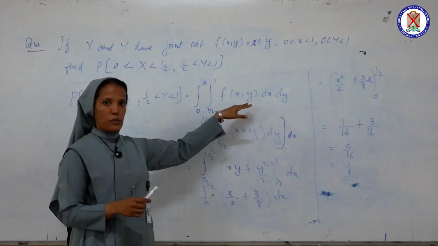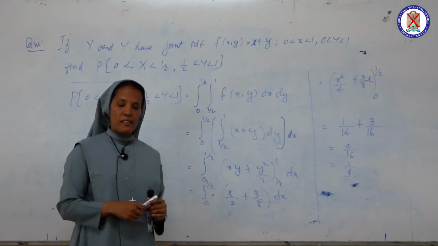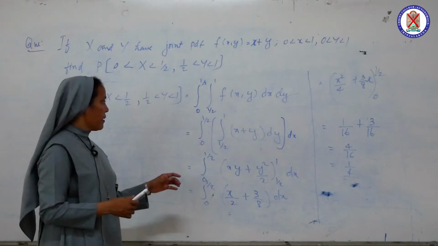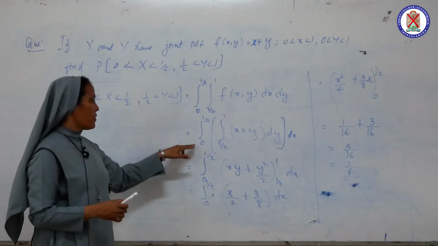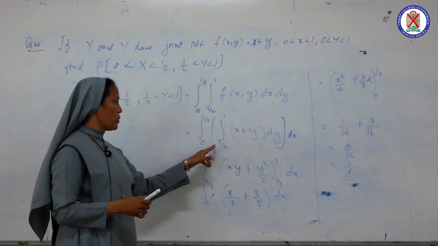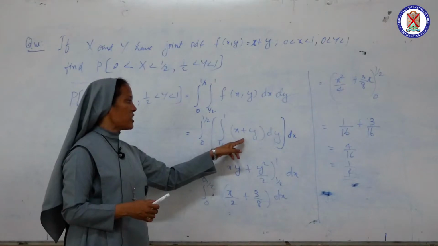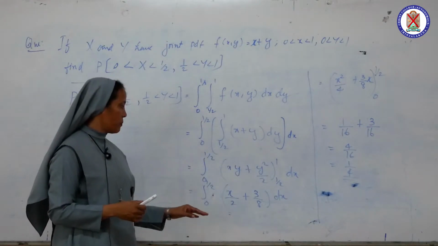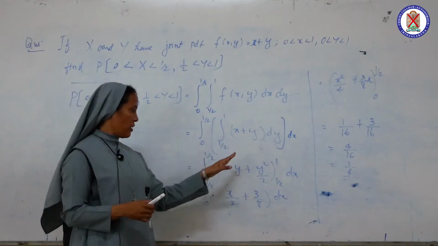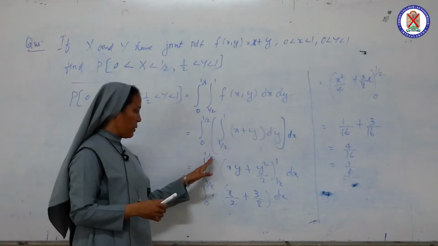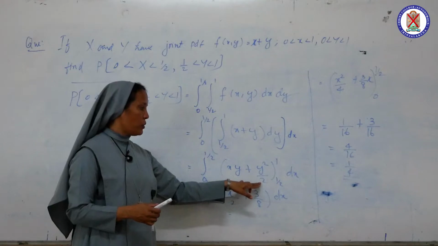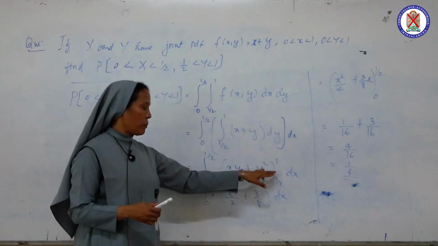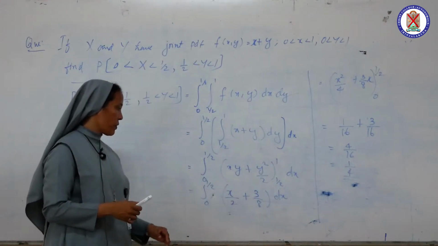Either we can integrate first with respect to x or with respect to y. Here we first integrate with respect to y, so we have integral 0 to 1/2 of integral 1/2 to 1 of x plus y dy dx. Integrating with respect to y we have integral 0 to 1/2 of xy plus y square by 2 over the range 1/2 to 1, dx.